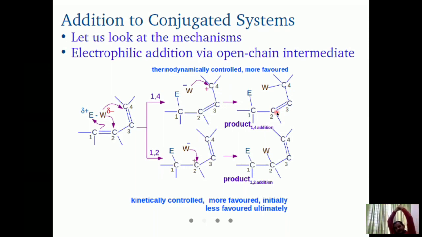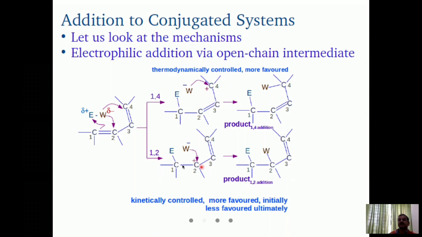Why? Any one of you can think about it. Because this alkene is more stable compared to this alkene, since this alkene is more substituted. This is thermally more stable, so this will be a thermodynamically controlled reaction. In this case, it is kinetically controlled.